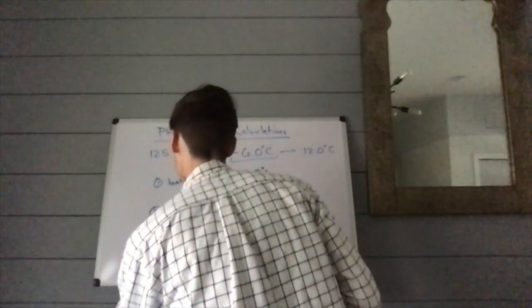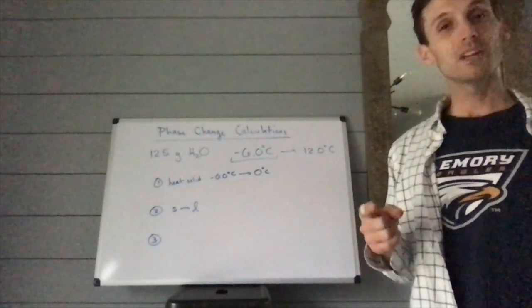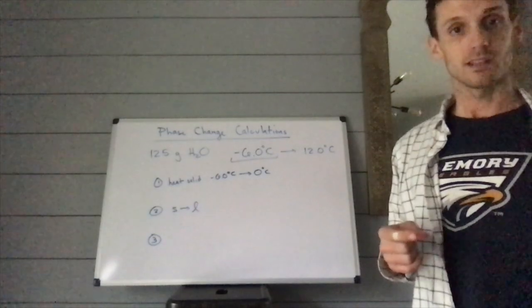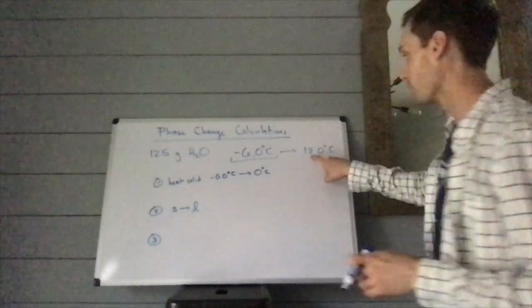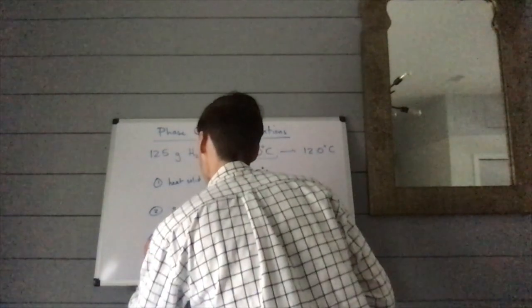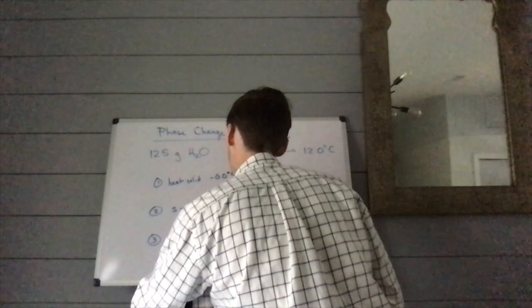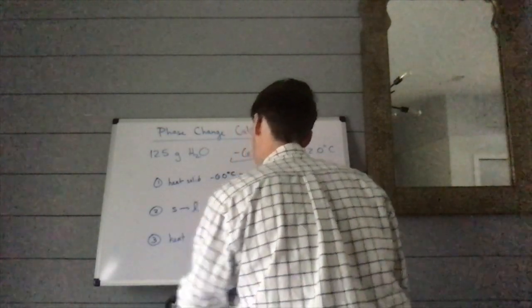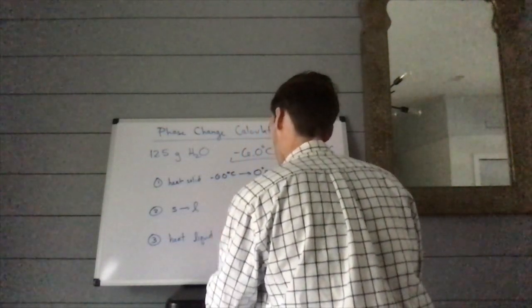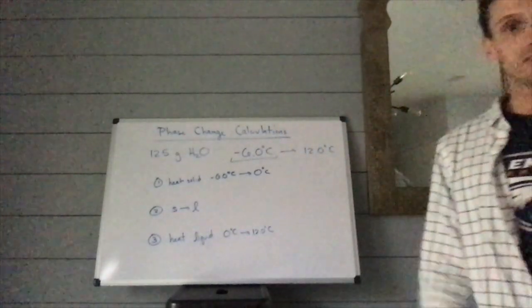And then the third step, because now we're going to be a liquid, but we're a liquid at 0 degrees Celsius. So now, in order to get up to 12 degrees Celsius, we are going to have to do one more step where we heat our liquid from 0 degrees Celsius all the way up to 12.0 degrees Celsius.